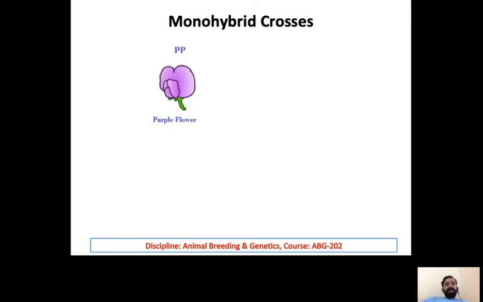So, a monohybrid example of the Mendel cross: the purple flower, that is having the genotype of capital P, capital P, that means both of the alleles are dominant and the color would always be purple.